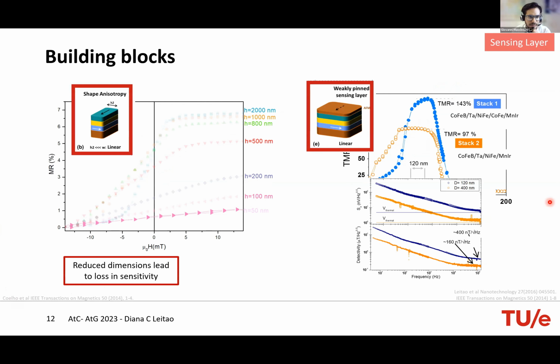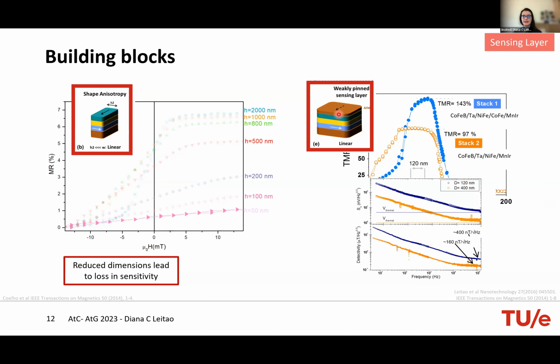Yes. So our findings showed us that at the interface, because in this weakly pinned case the sensing layer is no longer a single ferromagnet. We have the ferromagnet, nickel iron for example, interfaced with manganese iridium, so we have an antiferromagnet for these weakly pinned layers.